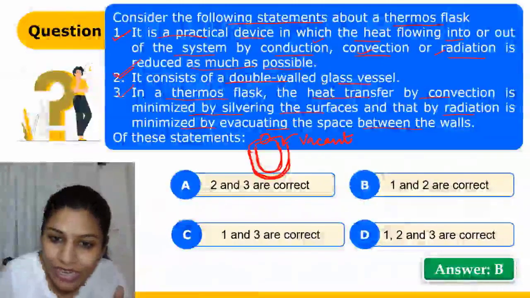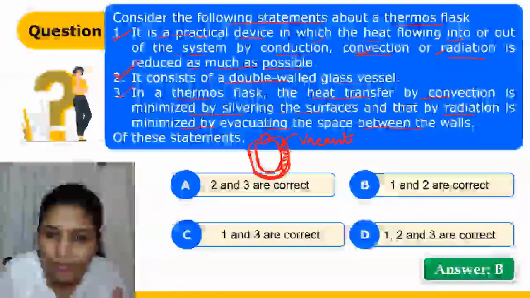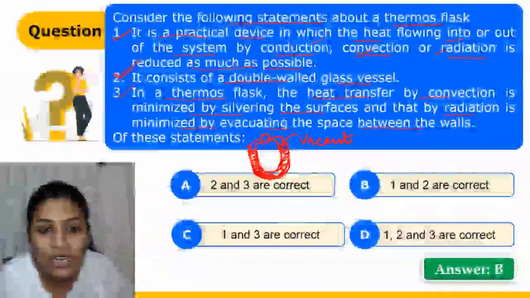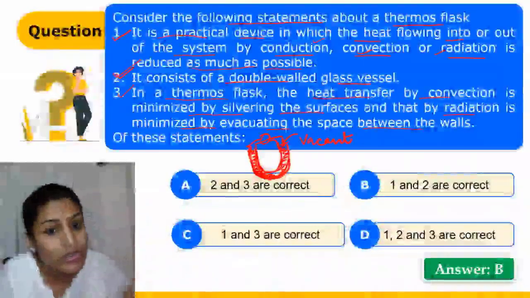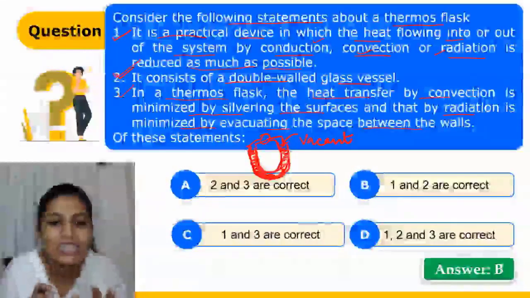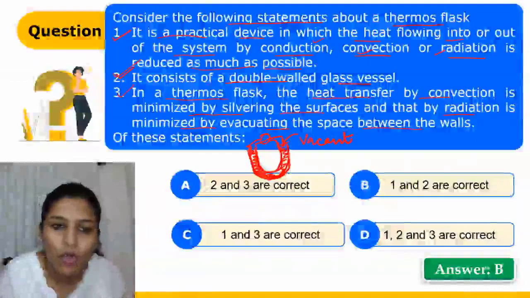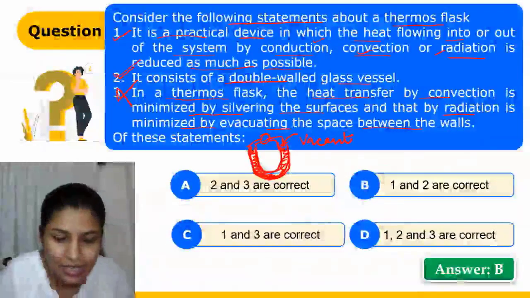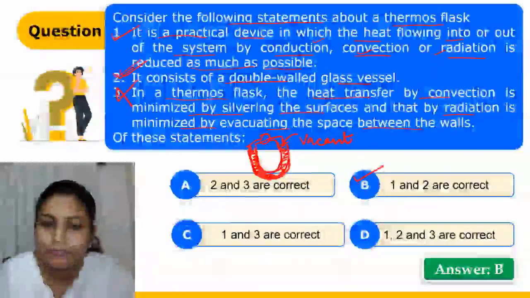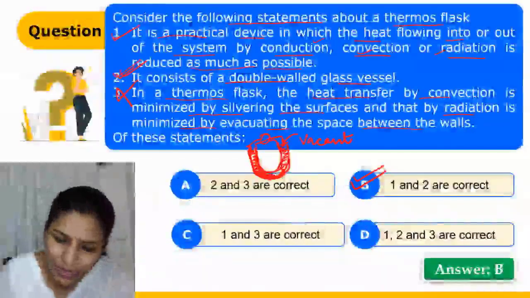So even if this space which I am filling with the red color is vacant, not filled with any gases, radiation is still going to take place. Radiation cannot be avoided. So option 3 is incorrect. So 1 and 2 are correct. According to this, option B is the correct answer to this question.